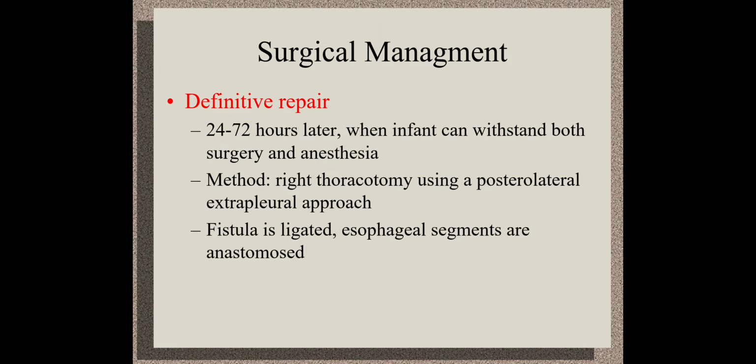So definitive repair within the first 24 to 72 hours when infant can withstand both surgery and anesthesia through right thoracotomy using a posterolateral extrapleural approach, and fistula is ligated, esophageal segments are anastomosed together.